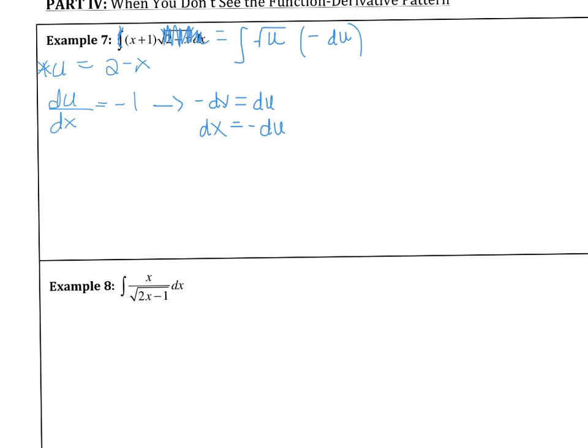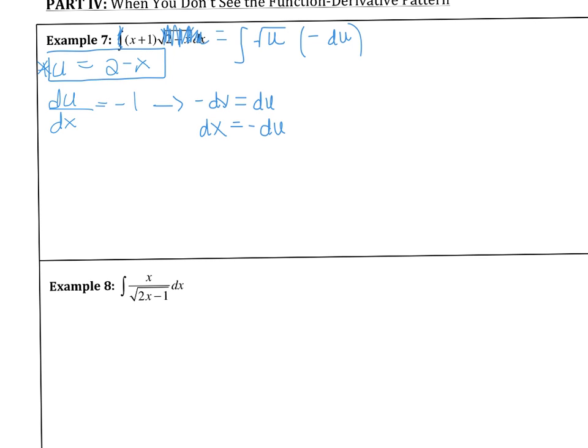Now, x plus 1. I don't have anything that's exactly equal to x plus 1, and I'm not really going to worry about the plus 1. Again, constants are not usually so much of an issue. Instead, let's focus on finding something that is exactly equal to x. Remember, we want to change things from using x's to using u's. Where did I establish the relationship between u and x?